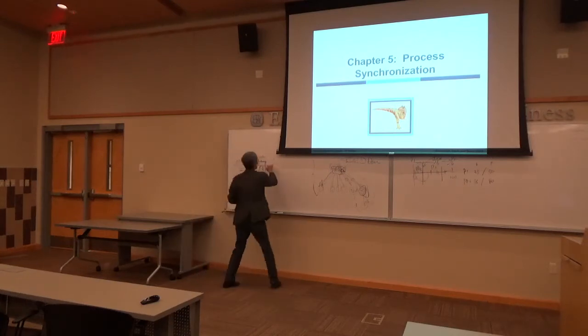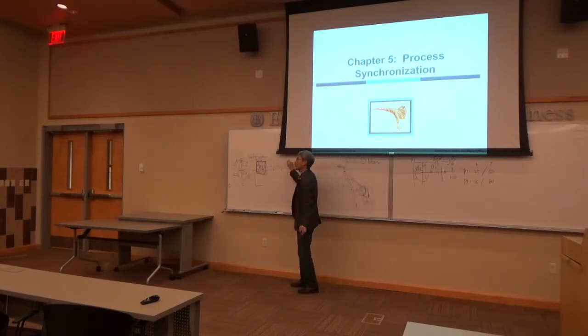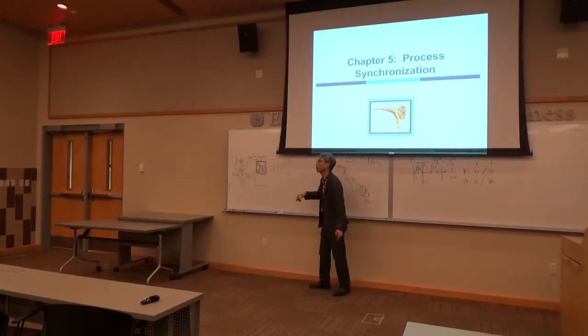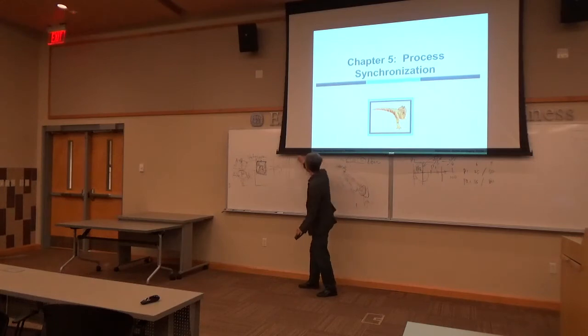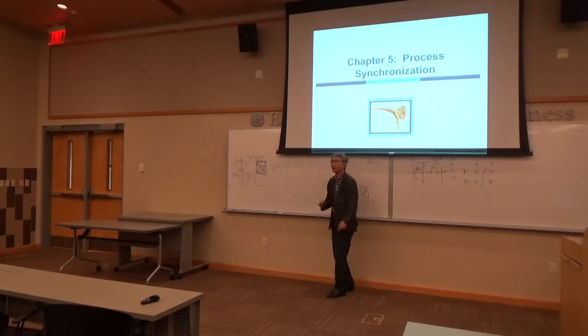So let me change the example to one with the operating system. In the operating system, we have a dual core. This is core number 1, this is core number 2. So we have the memory. In the memory, the integer I value is 5. Okay?